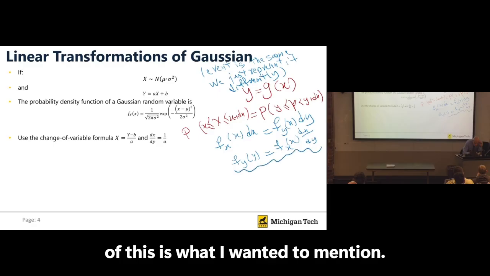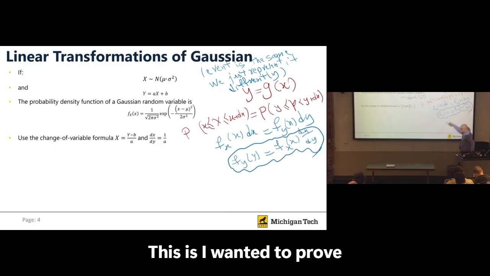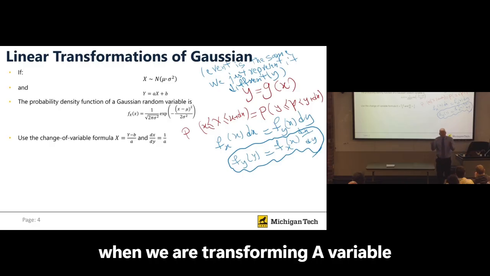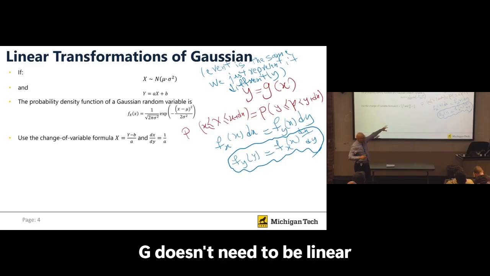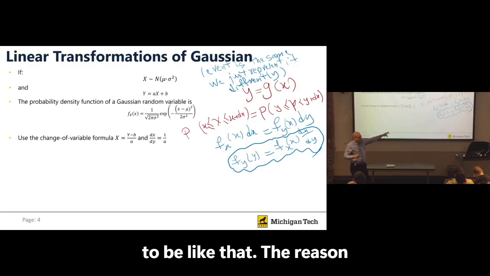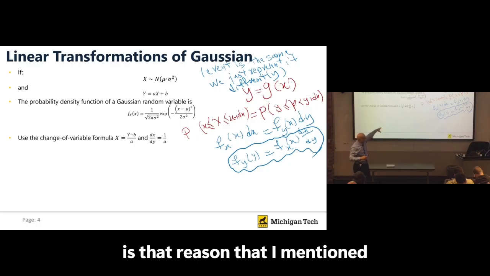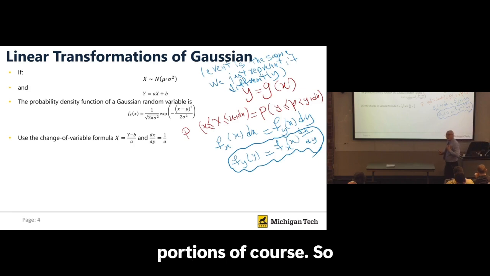This is what I wanted to prove. When we are transforming a variable using any function, and that g doesn't need to be linear, the PDF relationship is going to be like that. The reason is that probability is not changing in small portions.